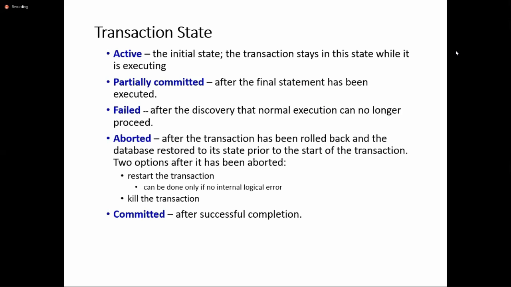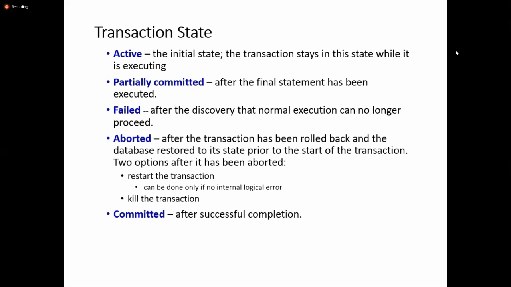Then we have the active state. This is the initial state, and the transaction stays in this state while it is executing.